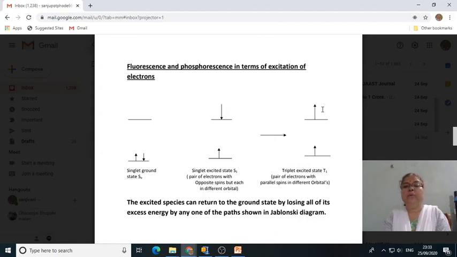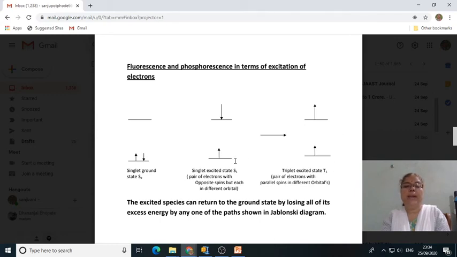When the total spin is 1, the two electrons have parallel spins. Such states are called triplet states, because 2 into 1 plus 1 equals 3. These states are denoted by T: triplet 1, triplet 2, triplet 3, depending on the extent of energy absorbed.